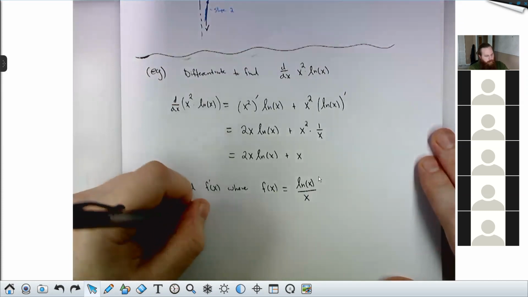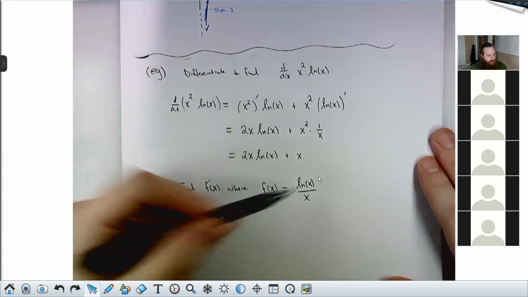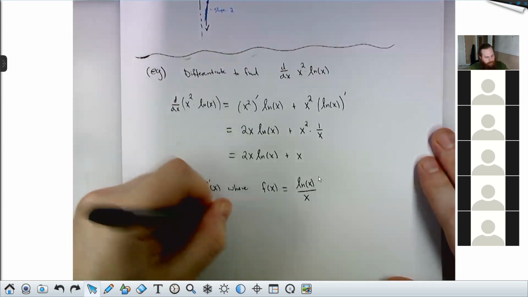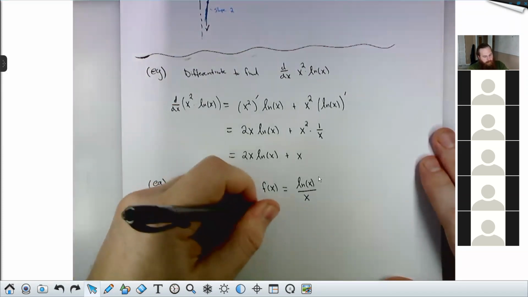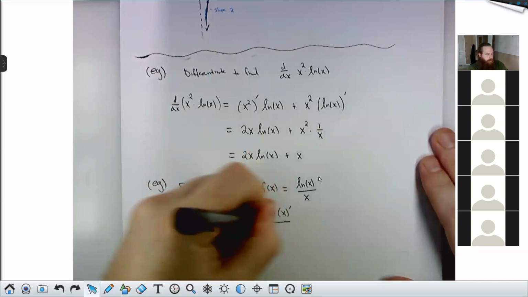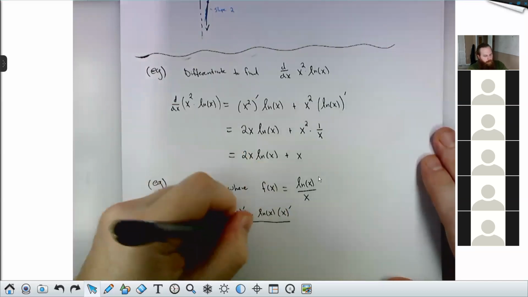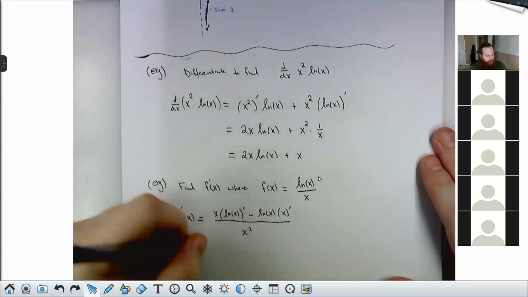So f prime, the derivative of ln x over x, will be the bottom times the derivative of the top, minus the top times the derivative of the bottom, all over the bottom squared.